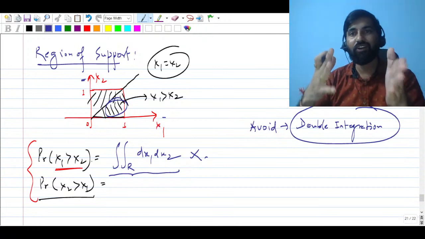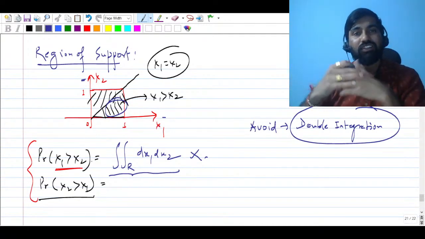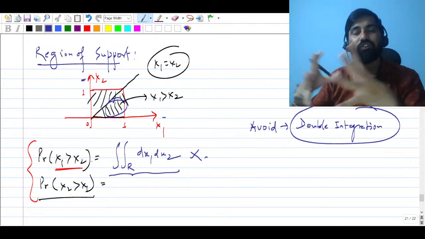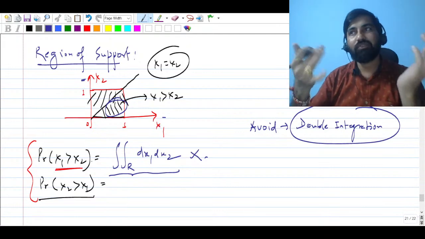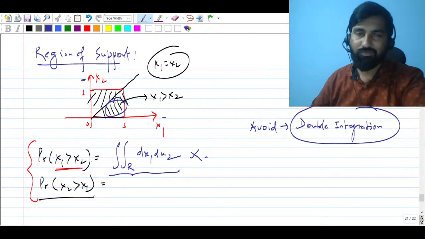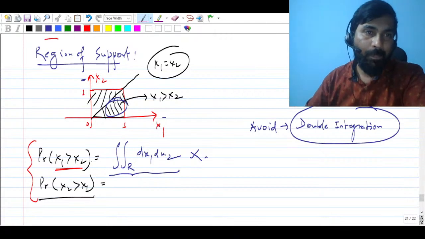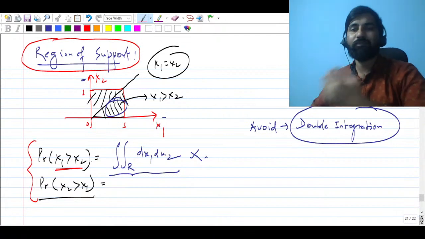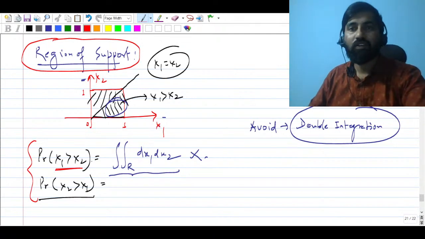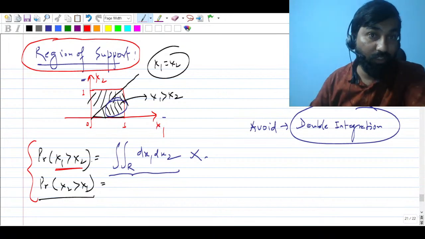Because if you are adding two random variables, the density function is going to be the convolution of the individual density functions. But that will again take a couple of steps. If you employ the symmetry concept, you will not take much time. You would be able to solve any question just by looking at it.